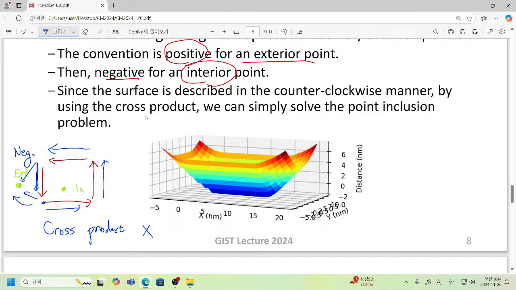So simply speaking, if your point is an interior point, since our polygon is assigned in a counterclockwise manner, then from the viewpoint of your line segment, your motion, you always have your point on your left hand side.